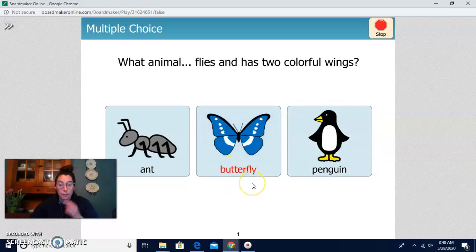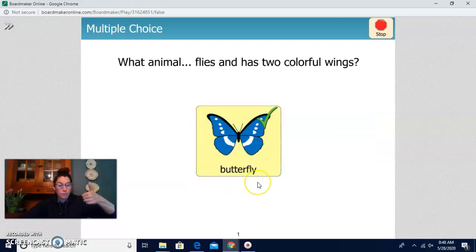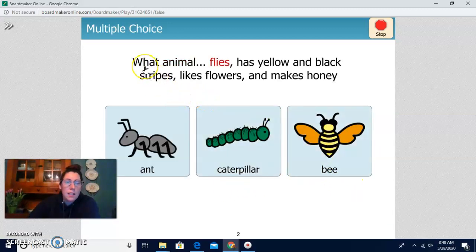Let's see if we're right. The check means yes, right. Good. This says, what animal flies, has yellow and black stripes, likes flowers, and makes honey? All right, that's a lot of information. Does an ant have yellow and black stripes?